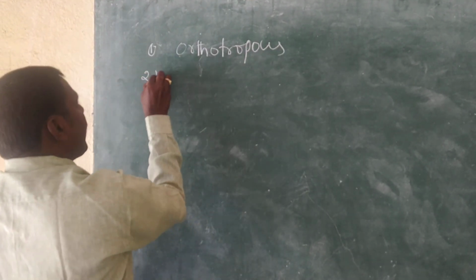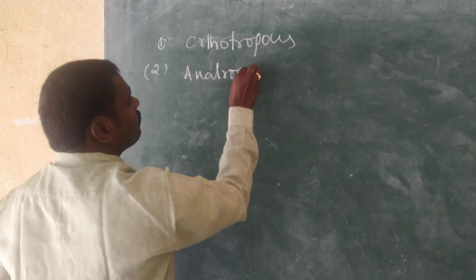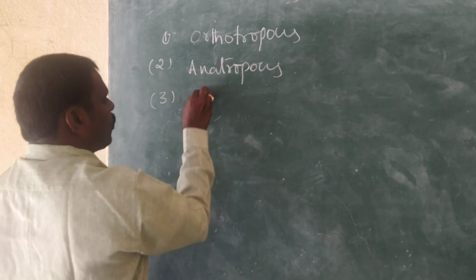The second one is anatropous ovule. The third one is hemianatropous.